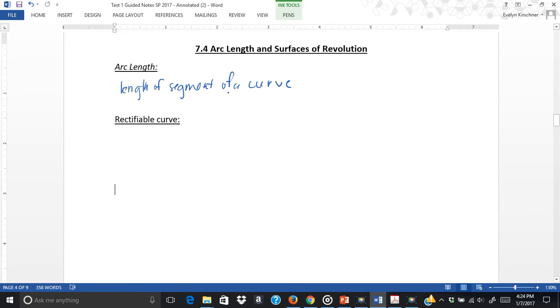It's a distance, so we can approximate it using the distance formula, which I'm sure you recall is this. We can approximate it using that because we don't have straight lines, and we'll look at some pictures in a minute. A rectifiable curve is a curve that has a finite arc length.